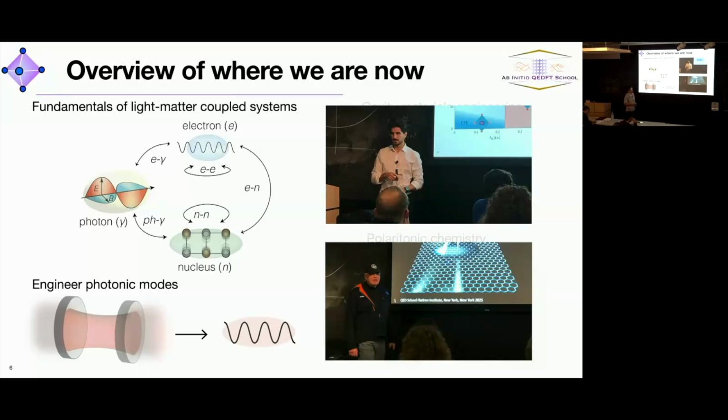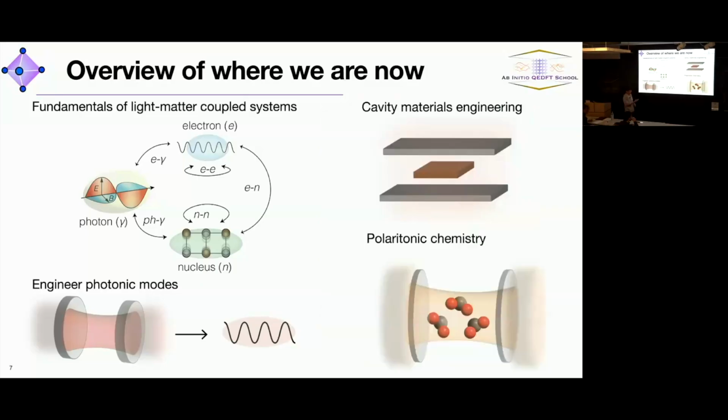Okay, so after this kind of introduction, today and tomorrow we are going to use this cavity to engineer, putting solid state material inside, and also molecules and atoms inside this cavity geometry. Usually we split this field into two subfields.